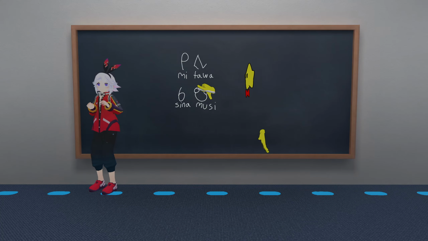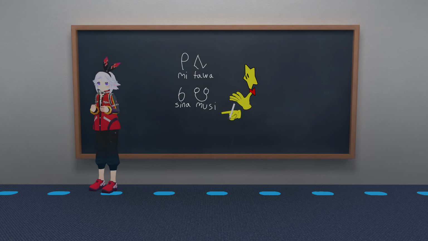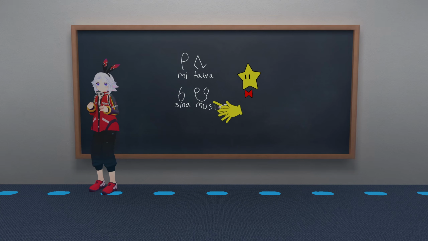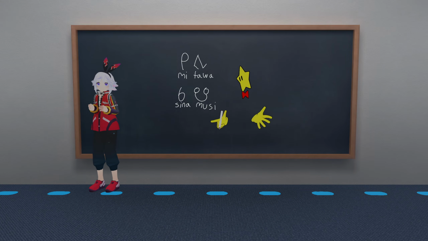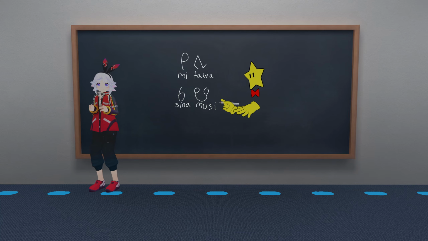Toki Pona does not have that in its words, in its grammar, rather. So these words, once you've learned them, you know them. You understand the meaning, and that's it. Every time they appear, you get the idea. So sina musi could also be you were being funny. Or you will be entertaining.